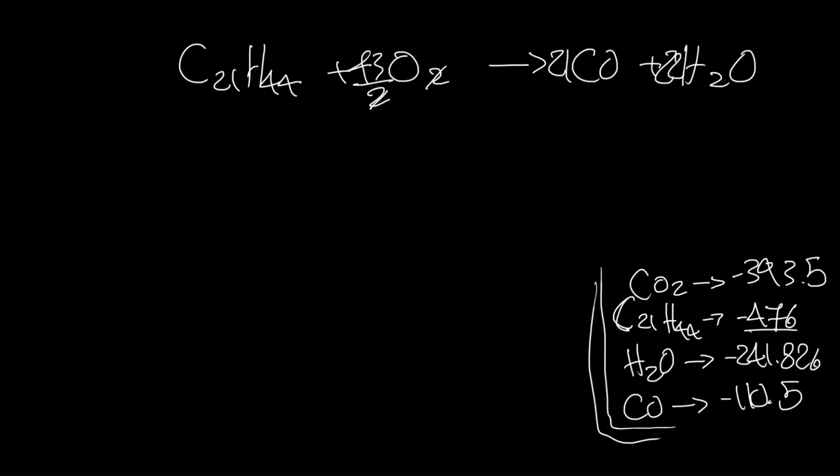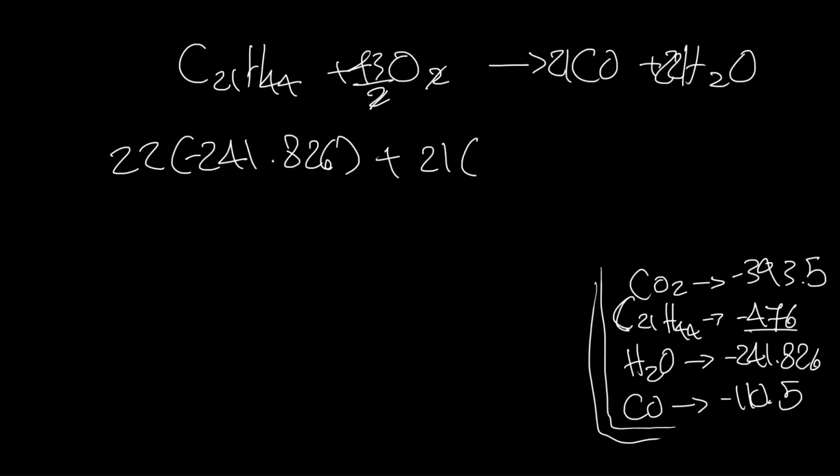So now we'll do the same thing that we did with the last equation. So 22 times negative 241.826, add that to 21 of carbon monoxide, which is negative 110.5, subtracted by oxygen, which is 0, and the C21H44 is negative 476.